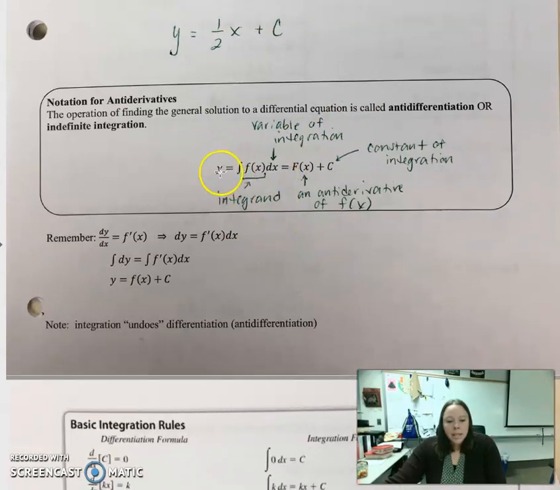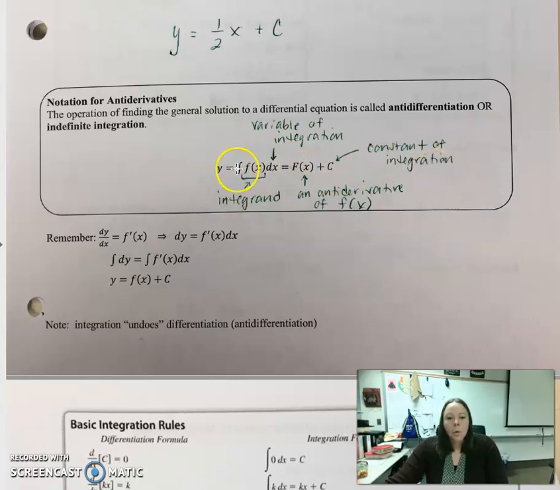To get the antiderivative, to work backwards, this is the notation we use, this integral notation, and then this is called the integrand. Then we write dx, and that's your variable of integration. To solve this, this indicates you're going to do the antiderivative of this function here, and that turns into capital F of x. And then plus c is your constant of integration.